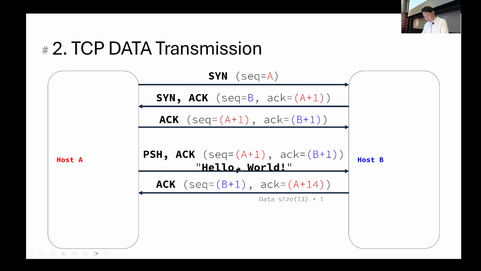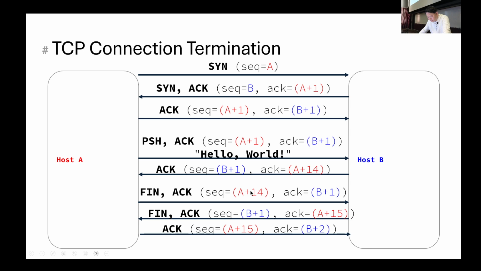So the ACK number will be A plus 14. The 13 will be added to the sequence number, and the sequence number is the same as the ACK number. Then send this packet.